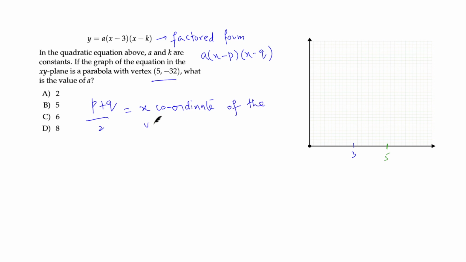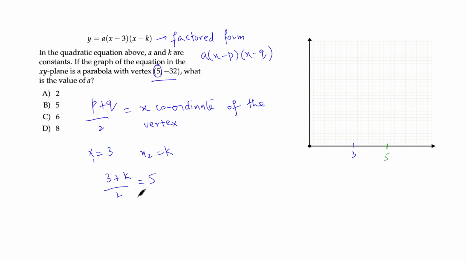This is the entire question. So let's just apply this formula. One of the factors is basically x equals 3. Let's say this is x1 and x2 equals k. So (x1 plus x2), (3 plus k) divided by 2 should give me the x coordinate of the vertex, which is 5.